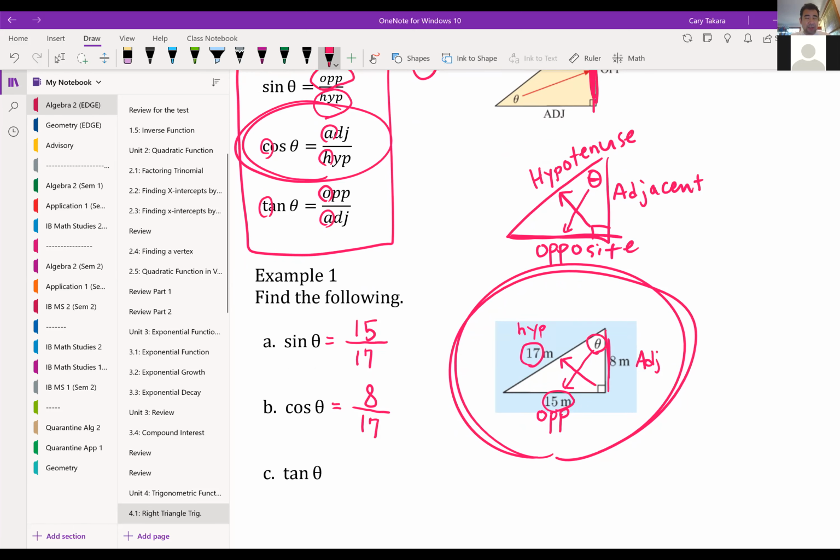So cosine deals with the adjacent and hypotenuse ratio. And the tangent uses opposite over adjacent. So what would that be? It will be 15 over 8. Does that make sense so far?